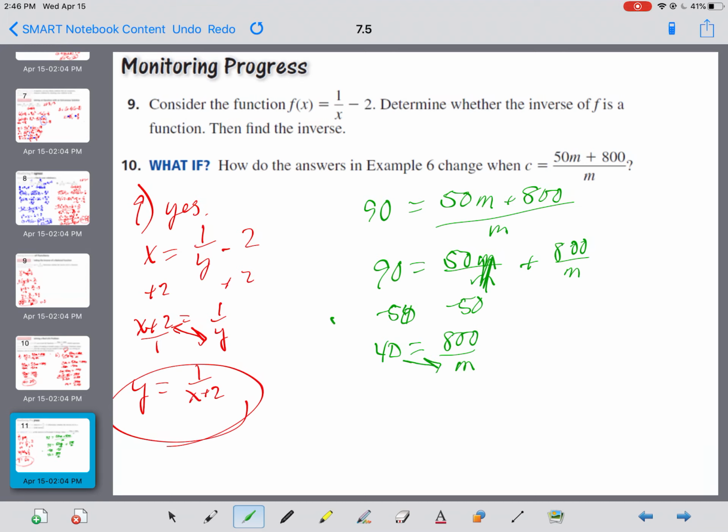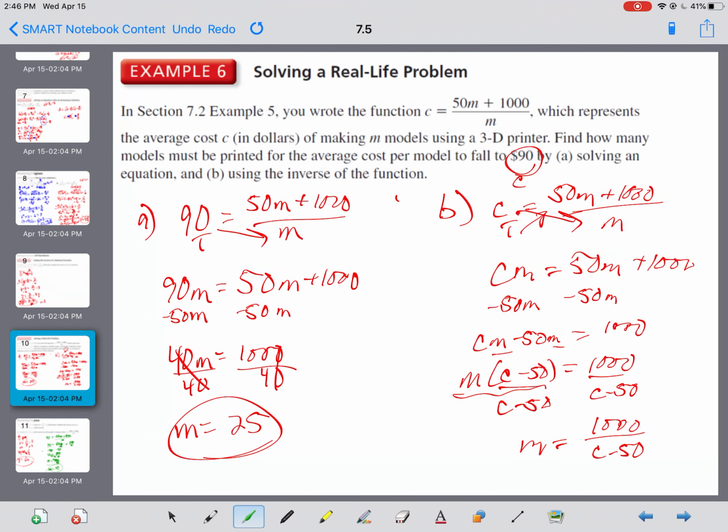So 40 equals 800 divided by m. Switch. So m equals 800 divided by 40, which goes in 2 times, you only need 20.